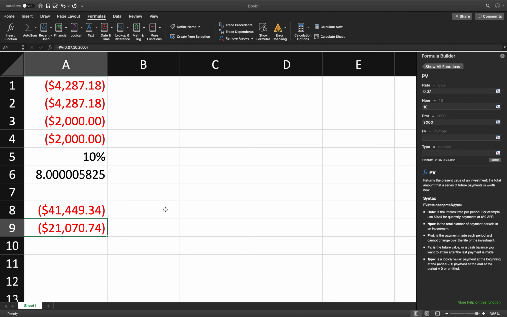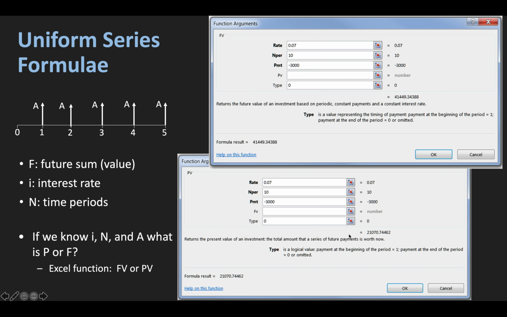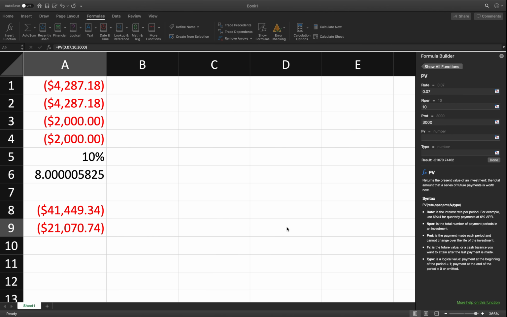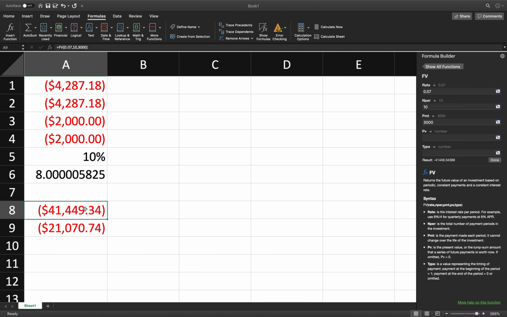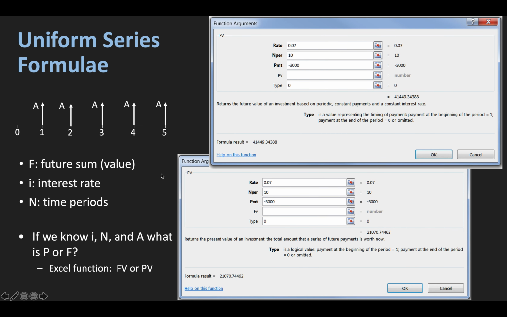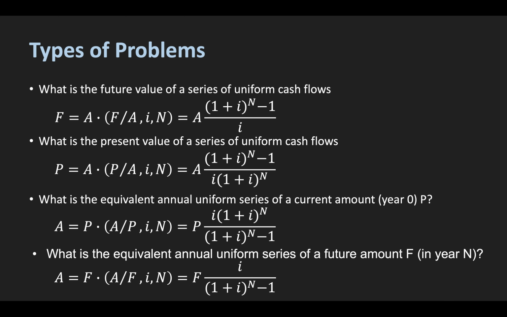So the present value is $21,070.74. That's how we calculate these two numbers. But remember these numbers: 10-year period, the rate is 7%, and the cash flow is 3,000.